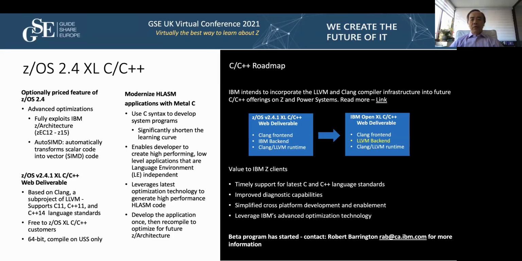So what we're trying to do is we wanted to go all the way with the LLVM infrastructure, because this will give us a little bit more diagnostic capabilities and be a little bit closer to the open source implementation. But what we're concentrating on now is, instead of looking at the front end and part of the back end, we'll concentrate on putting together the advanced optimization technology.